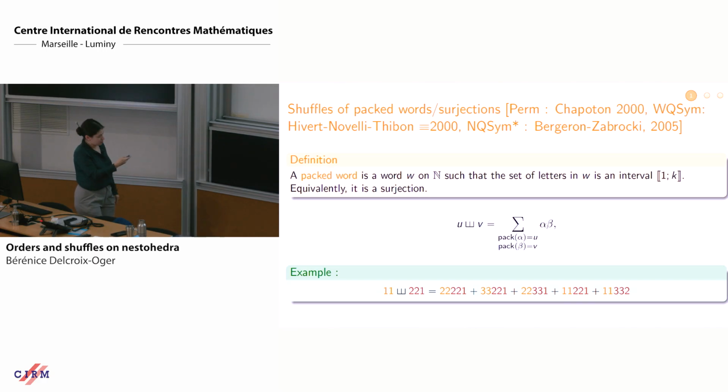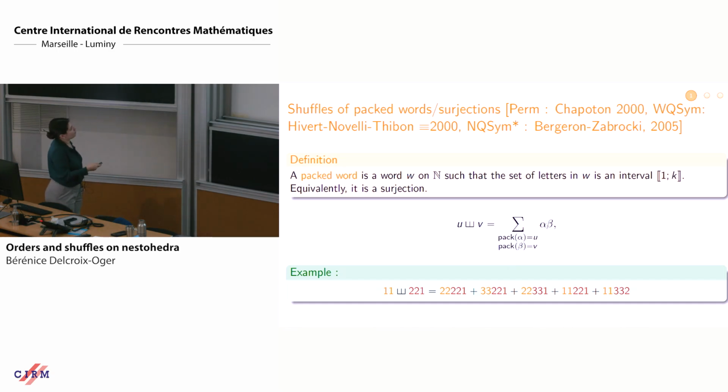So the shuffle product on packed words is just the same as for permutations. We sum over all the ways to take a word, cut it into pieces, such that the first pieces can be standardized to U, and the second pieces can be standardized to V. Once again, the standardization, which here is called packed, because we get a packed word, is obtained by just deleting the empty rows.